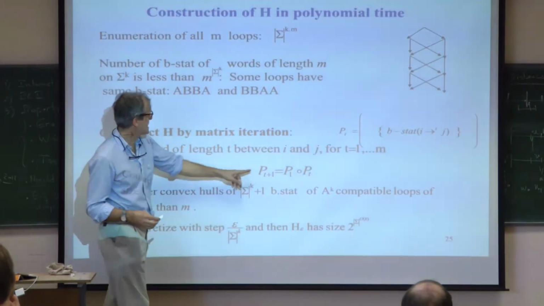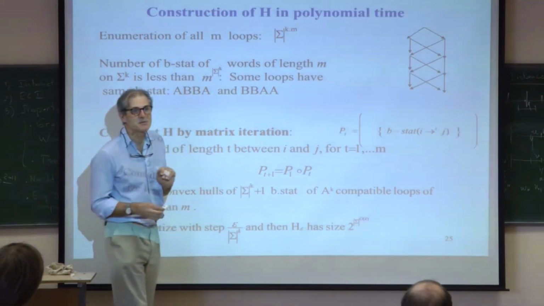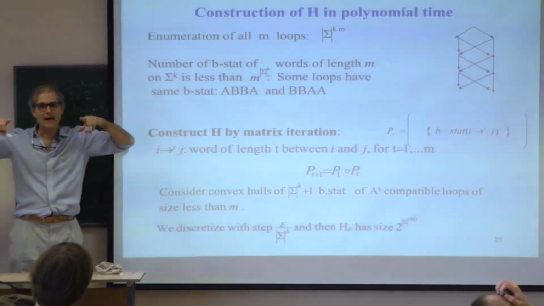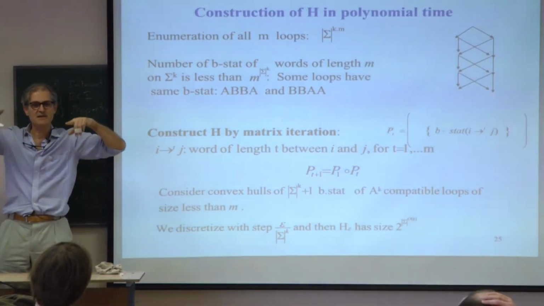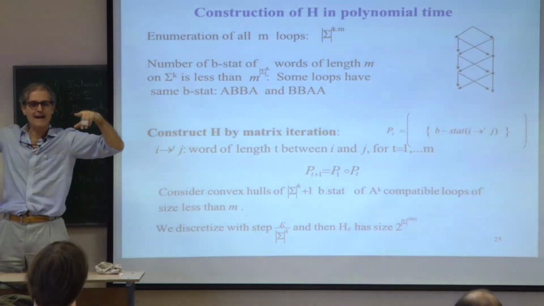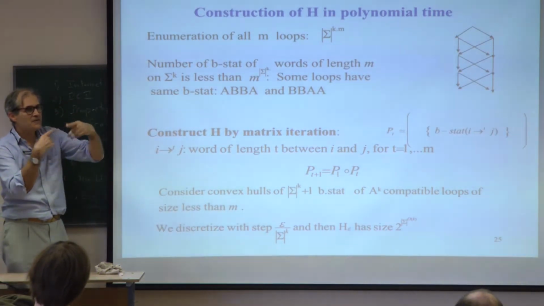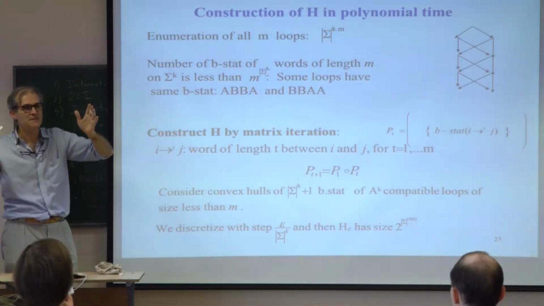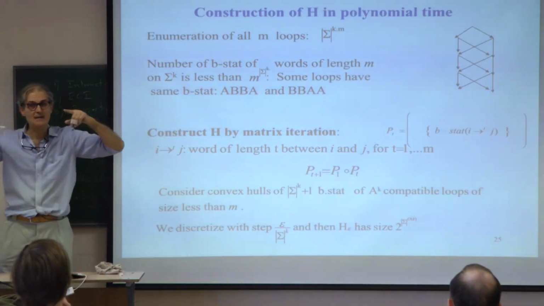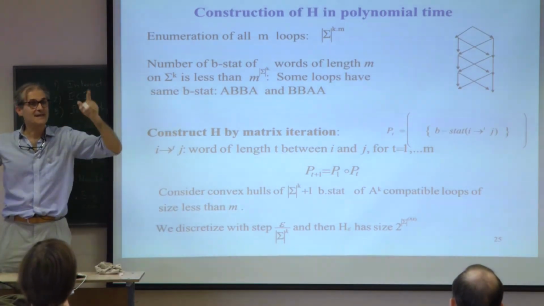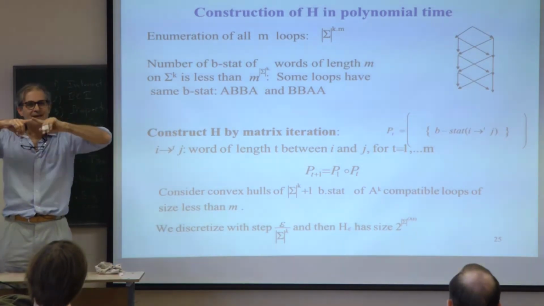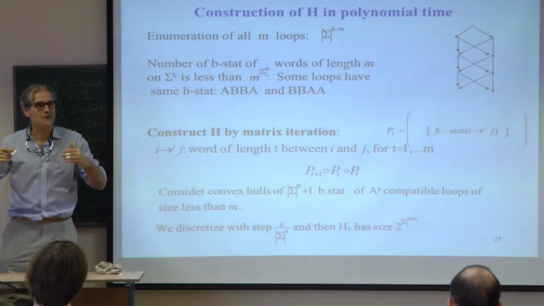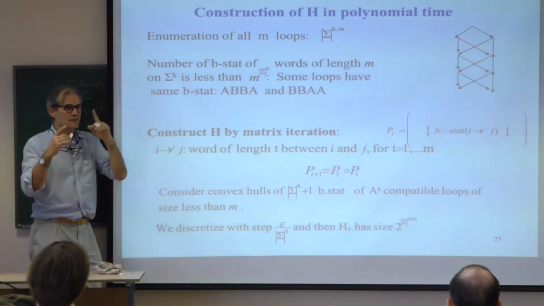So just imagine you take the adjacency matrix of A to the k, and now you iterate it, you do this matrix to square, cube, up to n, and then you're going to collect all the simple loops in this matrix, but instead of collecting the simple loops, you collect the statistics of the simple loops. And therefore, instead of growing exponentially, you will grow polynomially. Okay, so that's the key.